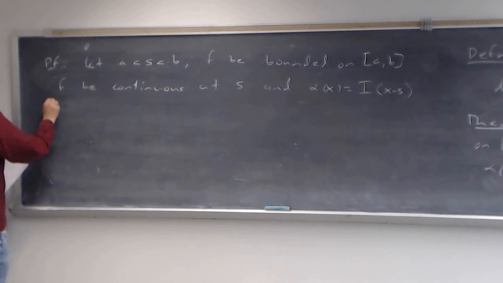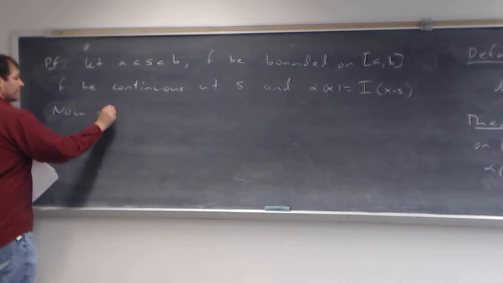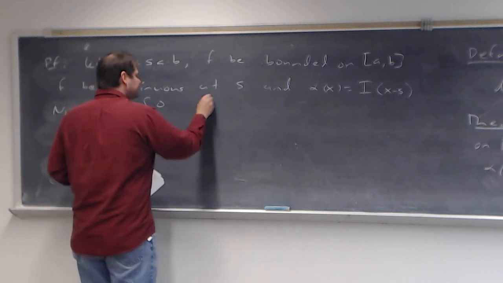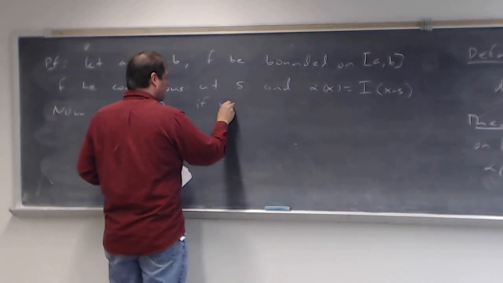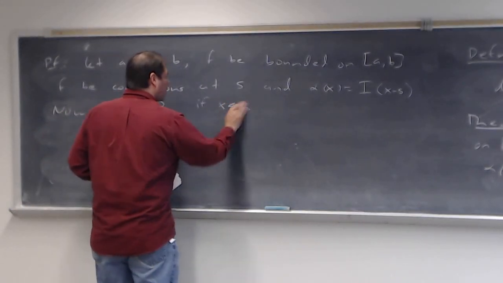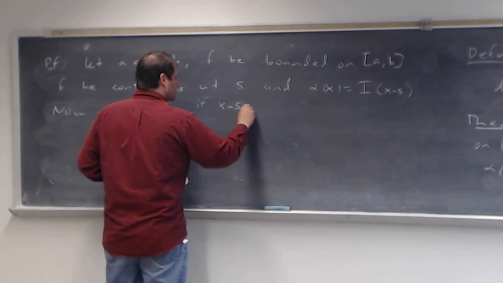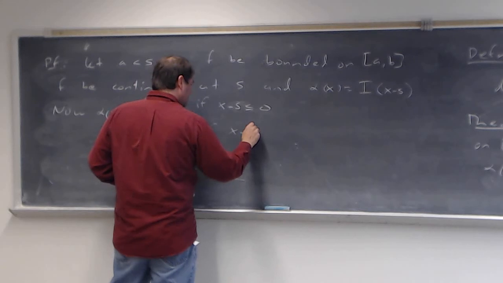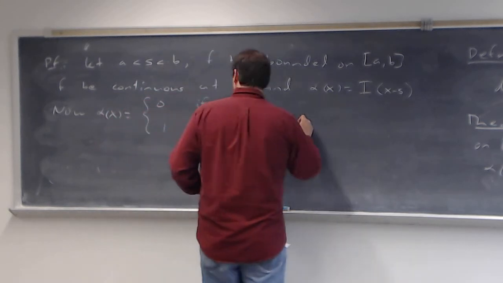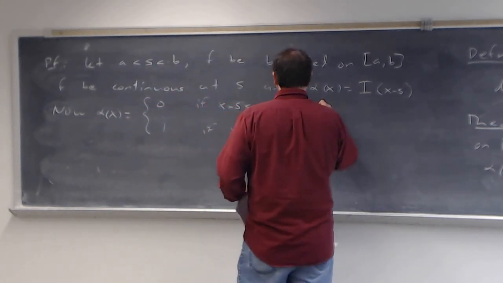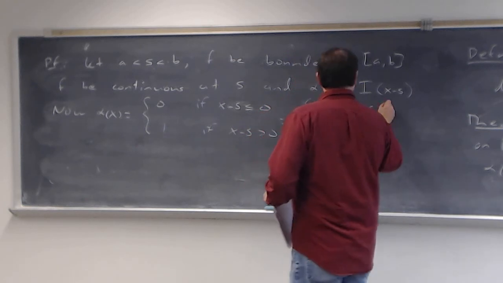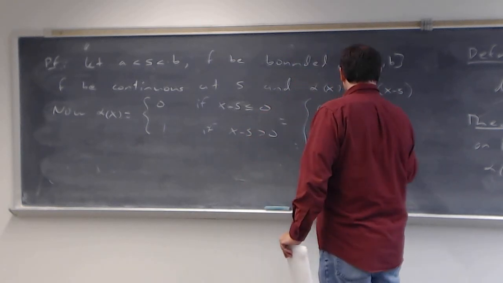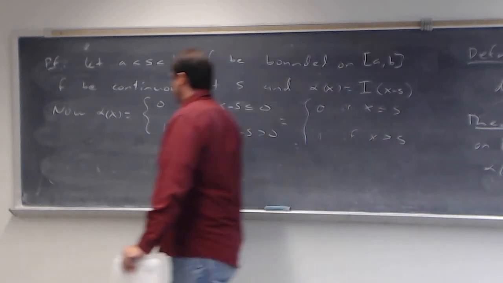Now, alpha of x is defined to be equal to 0 if x minus s is less than or equal to 0, and it's 1 if x minus s is bigger than 0. And that's the same thing as being equal to 0 if x is less than or equal to s, and 1 if x is bigger than s.